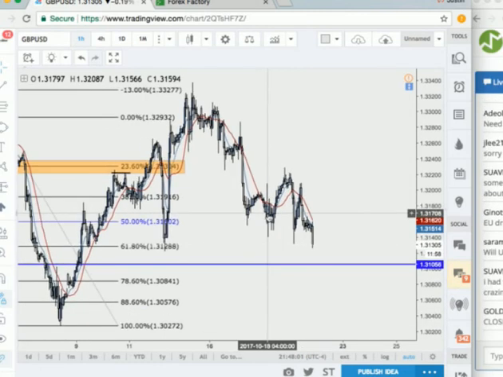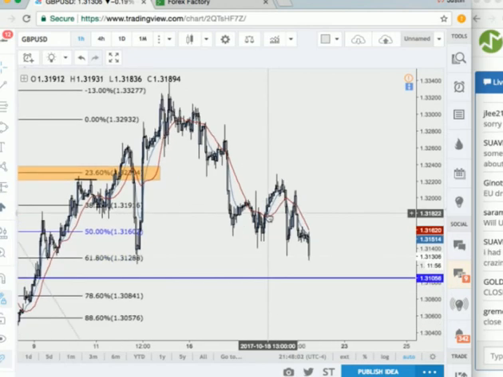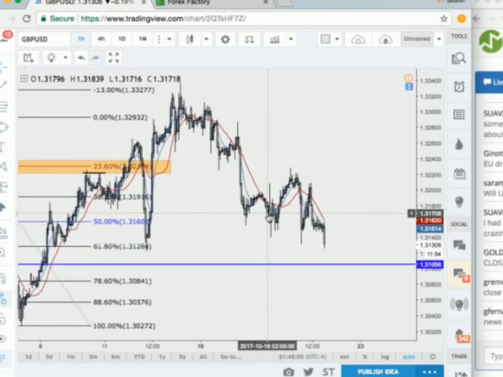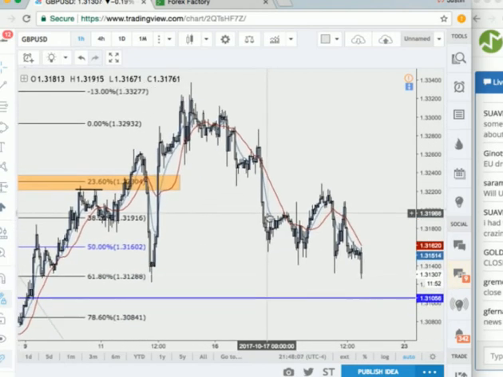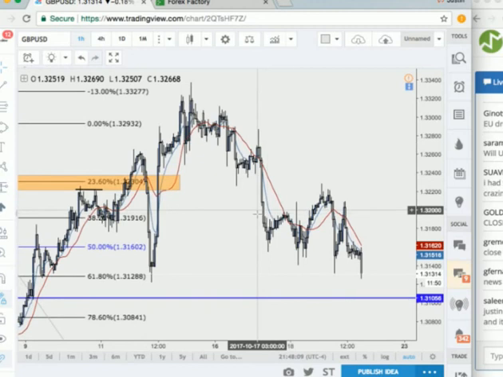No, USD CHF will not fall. Yeah, I sent USD CHF a while ago. You can look at the time, like 10 minutes ago.